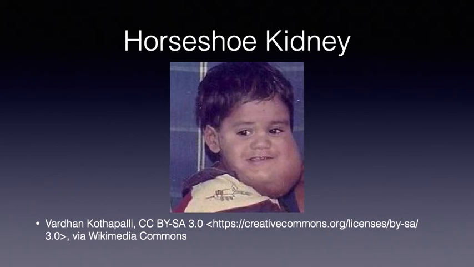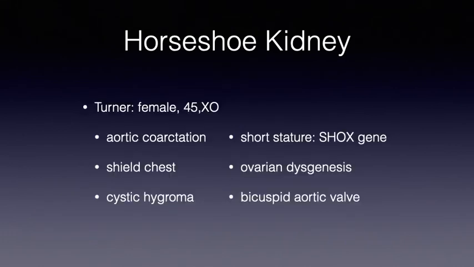So to my ear, the name cystic hygroma sounds a little redundant, but it's a fluid-filled sac, and it happens from blockage in the lymphatic system. The most common location for cystic hygroma is in the neck or head. So, aortic coarctation, shield chest, and cystic hygroma should make you think of, yes, monosomy X, which we call Turner syndrome.